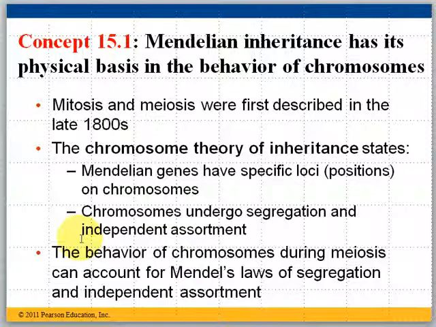So now we know what physical behavior ties these ideas together so that we can see it, and this helps us understand that these factors that Mendel talked about, that we now know are genes, must be located on the physical chromosomes, because we can watch this process happen now with the equipment that we have.